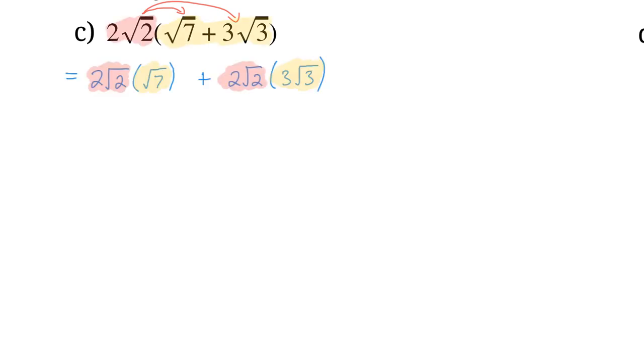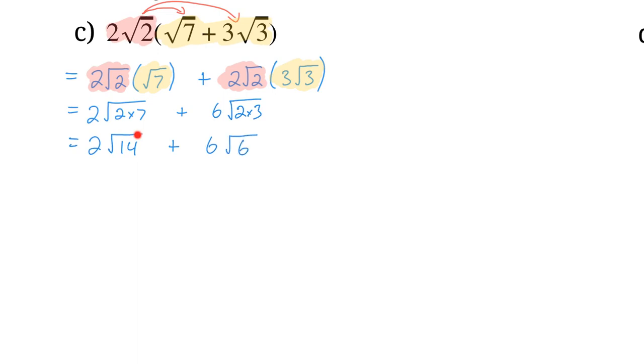And once we actually do that multiplication, we are going to get 2 multiplied by the square root of 2 times 7, and then we're going to add, so these whole numbers can be multiplied together, so that's going to become 6, and root 2 multiplied by root 3 is just the square root of 2 times 3. So if we simplify that, that's going to be 2 root 14 plus 6 root 6.